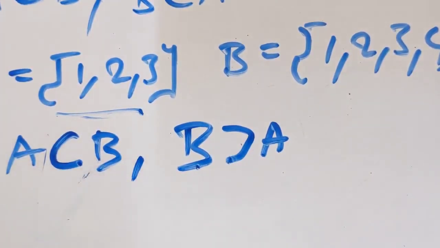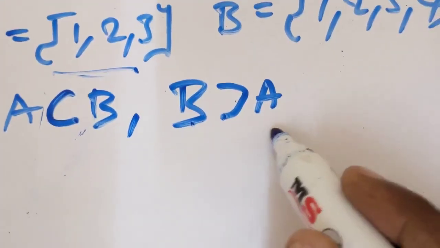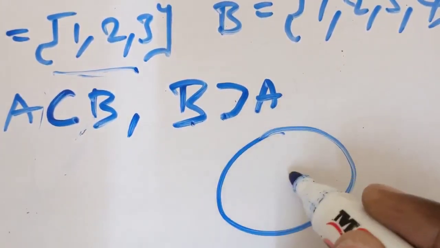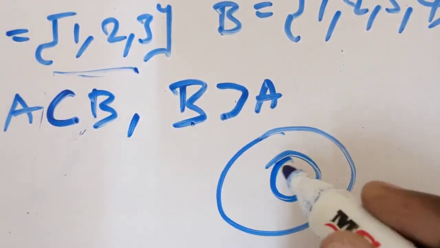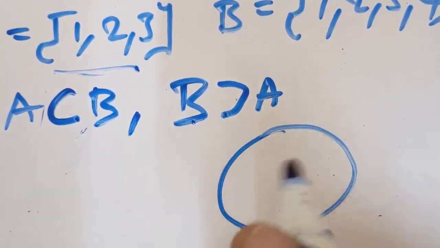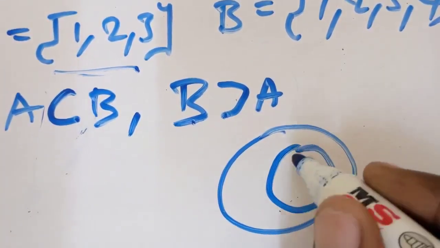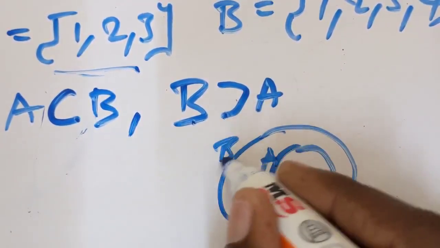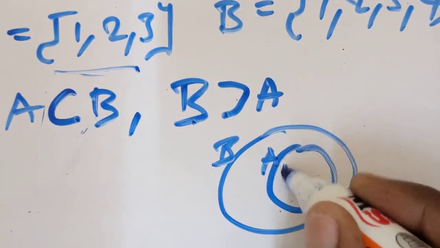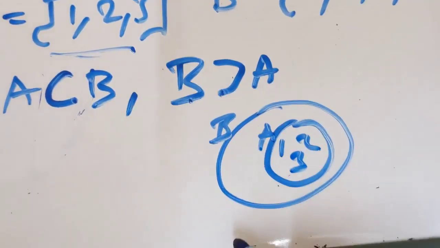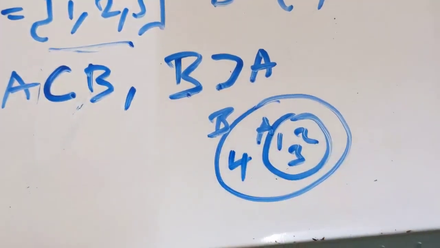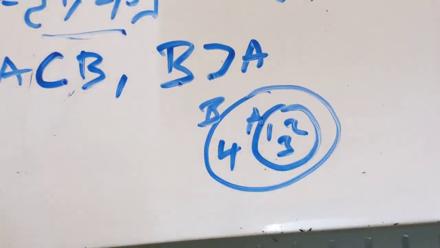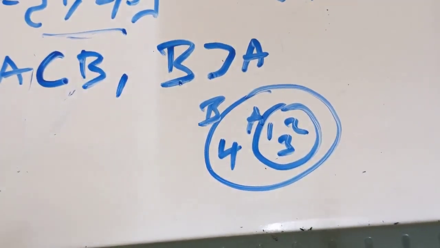A subset is a set inside another set. For instance, let's say this is A, and this is B, like that. We have 1, 2, 3, and here we have 4. A subset is a set inside another set.